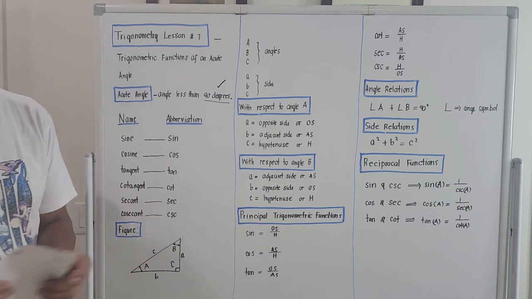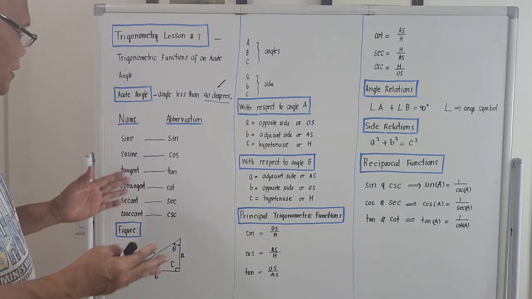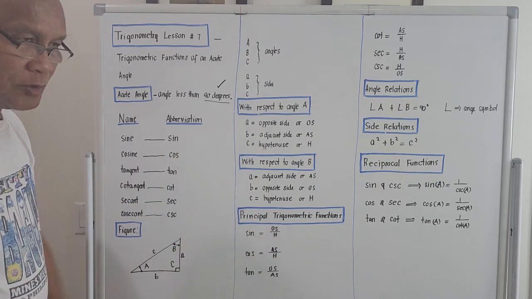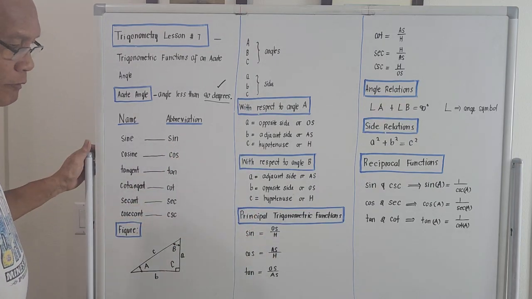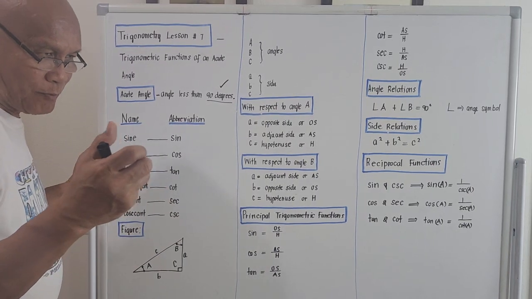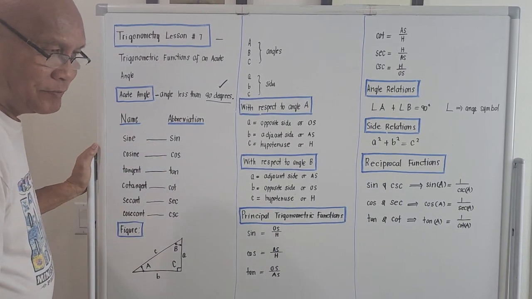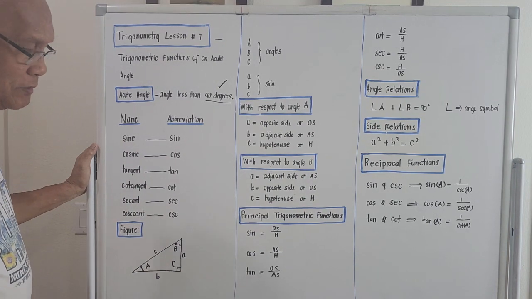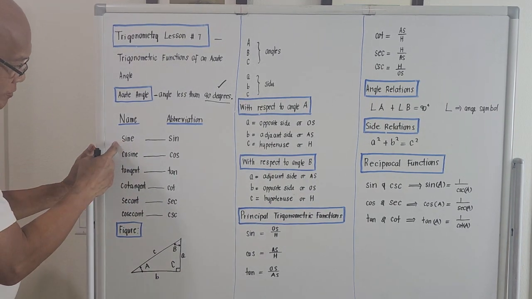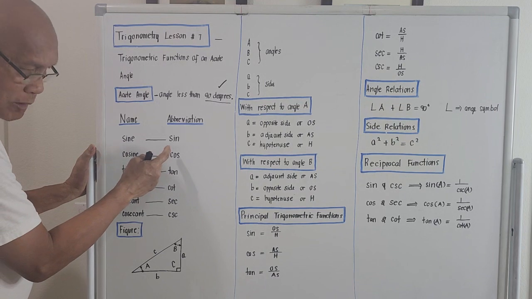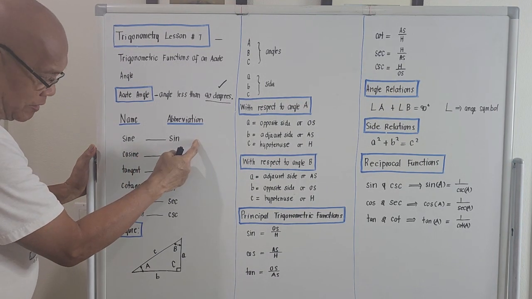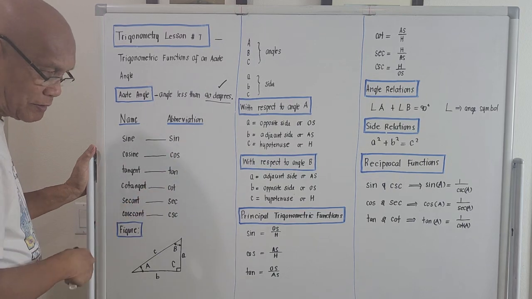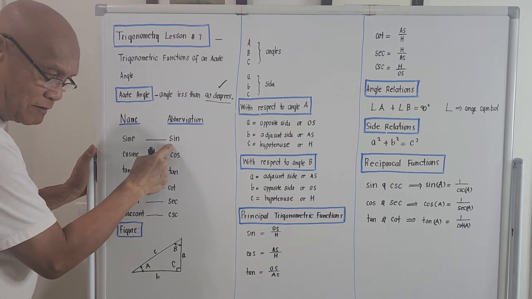Okay, let's try to bring out the different abbreviations of the functions under the study of trigonometry. You must memorize this by heart. Without knowing this, you will not pass trigonometry. Sine, the abbreviation is SIN. If you read this in trigonometry, you will not read it as sin.